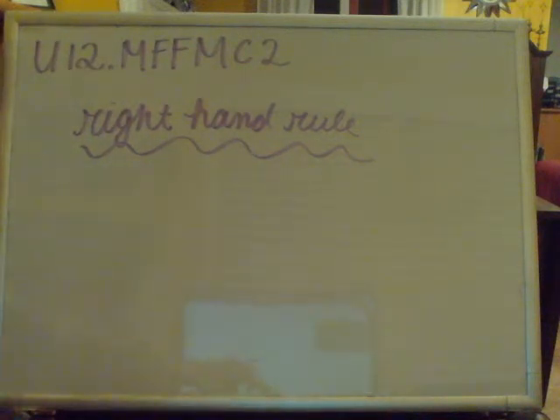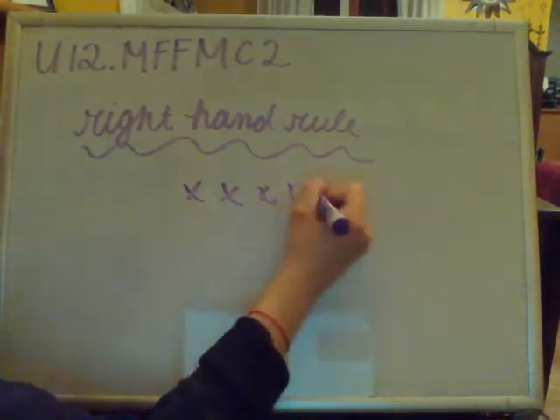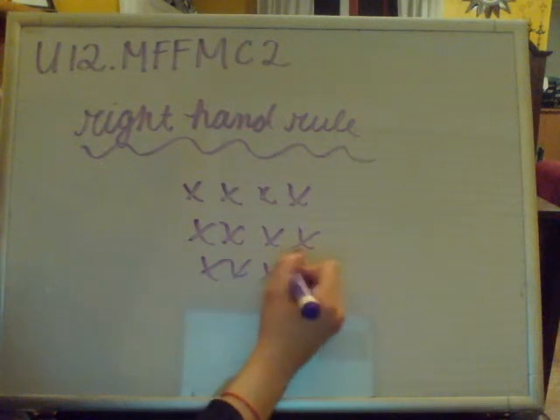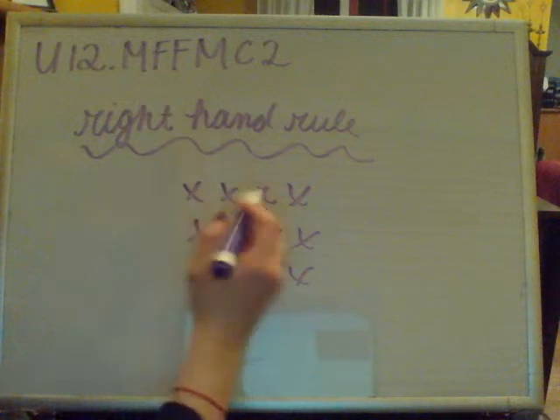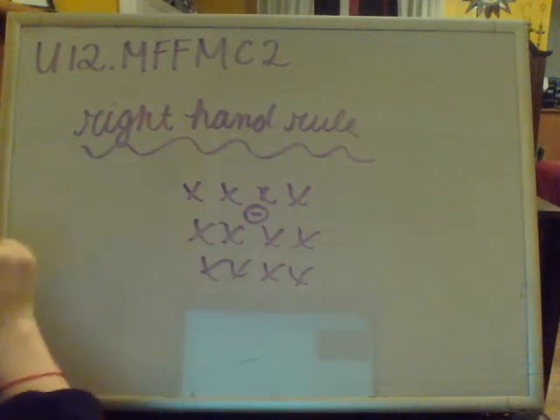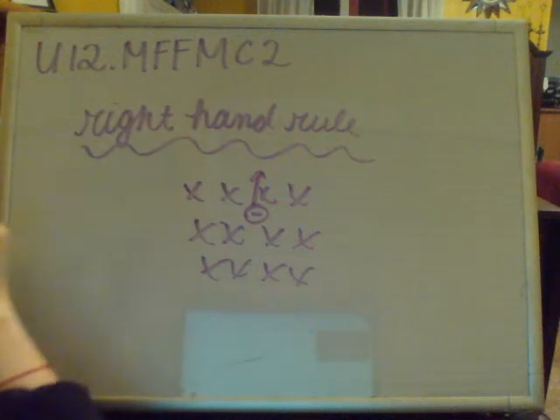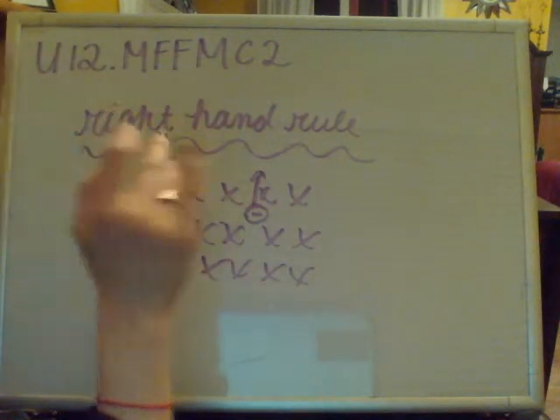So you have an electron going into a magnetic field. Here's your happy little electron, and its velocity is going upwards. Now for electrons, instead of using the palm of your hand, you're going to use the back of your hand.